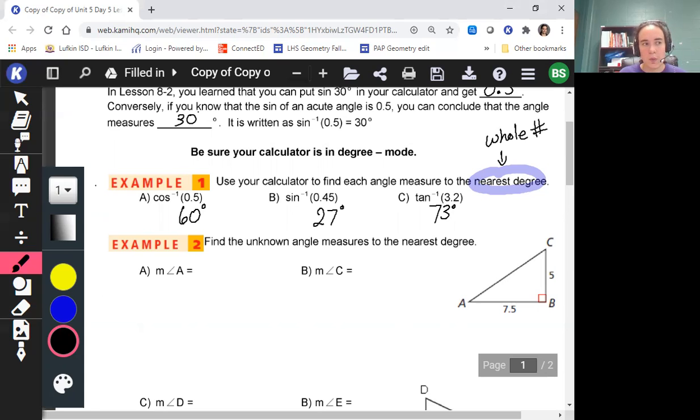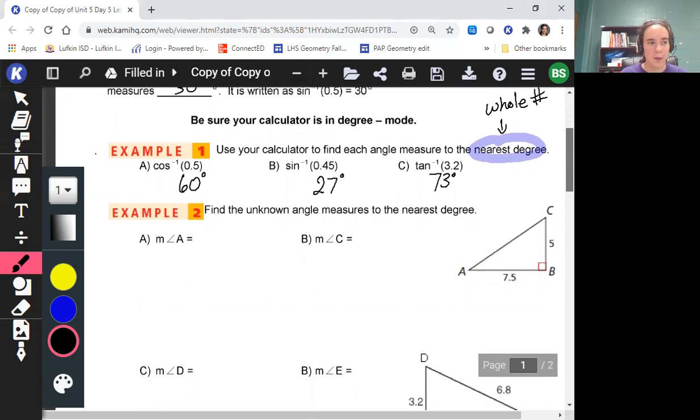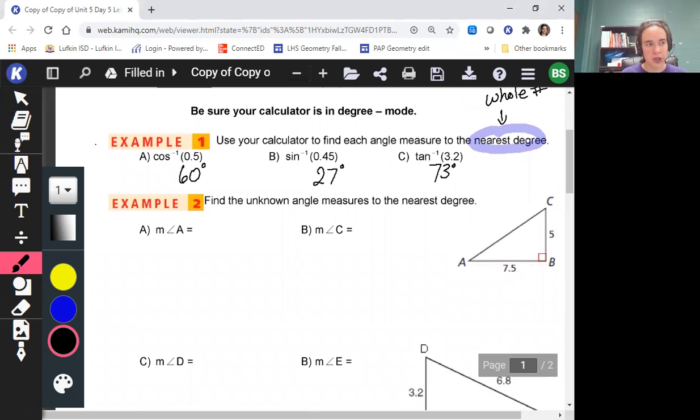Just like yesterday, we need to label our triangle. When we're labeling our triangle, always start with your hypotenuse, because that one doesn't change. So across from our right angle is our hypotenuse, and that in this case is AC.